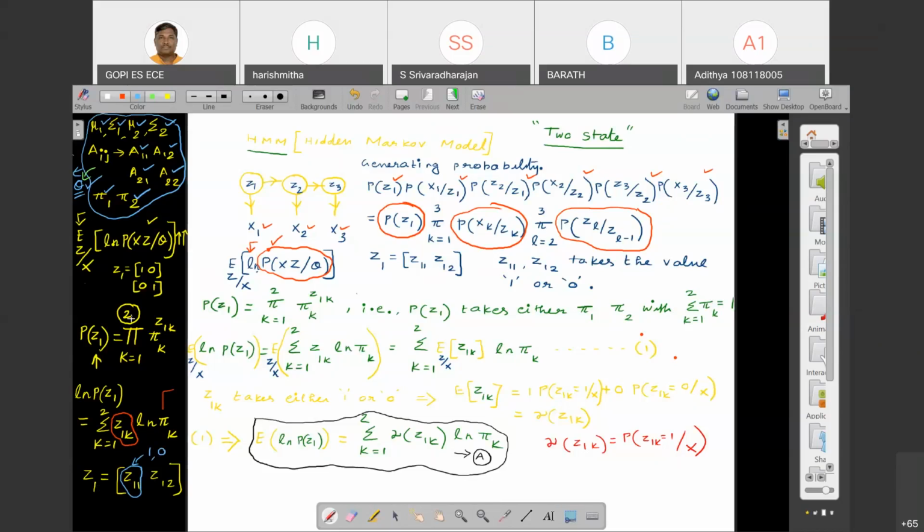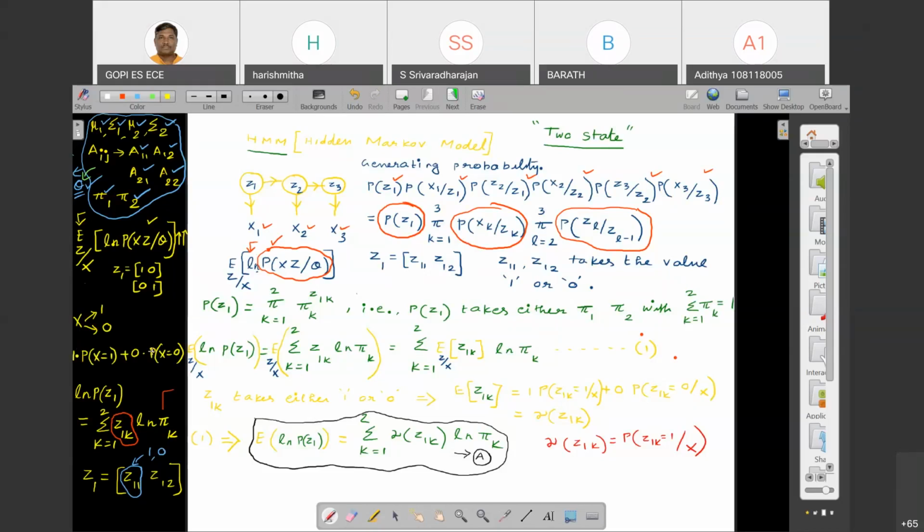One interesting observation is, suppose I have a random variable x that is discrete, that takes the value, for example, 1 or 0, I'm sorry, let me put it as 1 or 0 in this case. If I want to take the expectation of x, what you have to do is 1 times the probability of x equal to 1 plus 0 times the probability of x equal to 0.